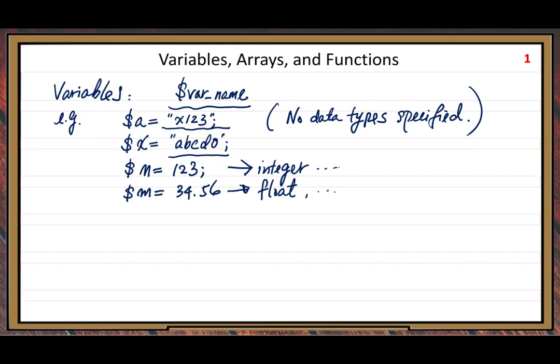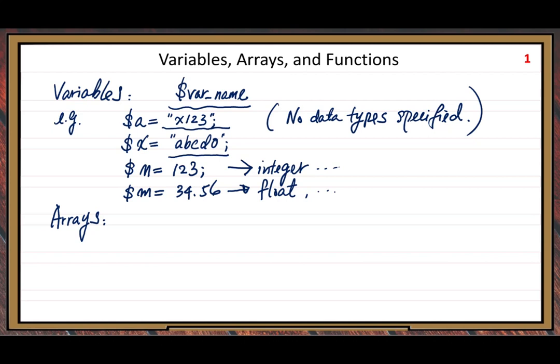All right, that's the usual way we use variables. Very simple. Now let me explain arrays. We treat an array as a variable, but for an array we need to specify array elements.